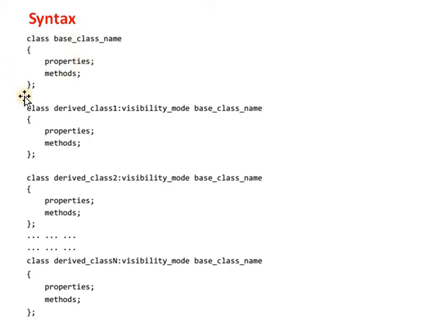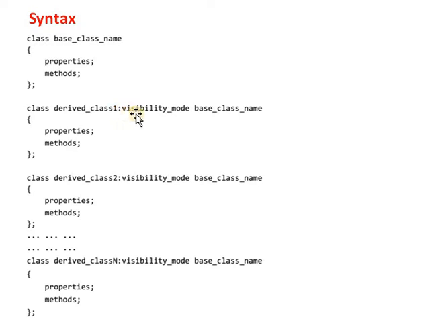Then, after completing the definition for the base class, we define the first derived class. How to define that first derived class? By using the class keyword. After that, we write the first derived class name. Then we apply a colon operator.